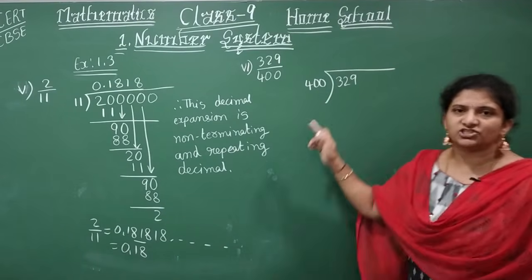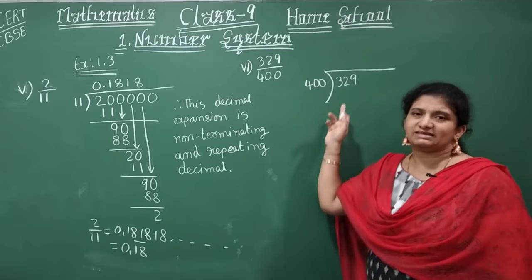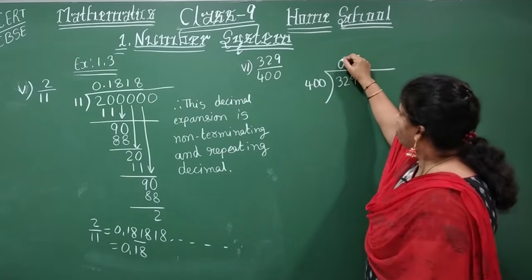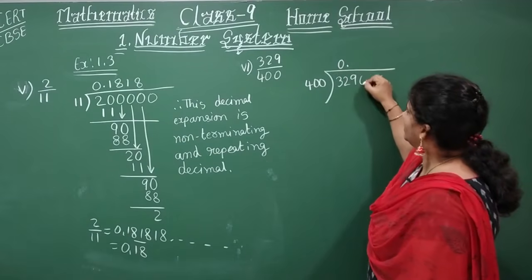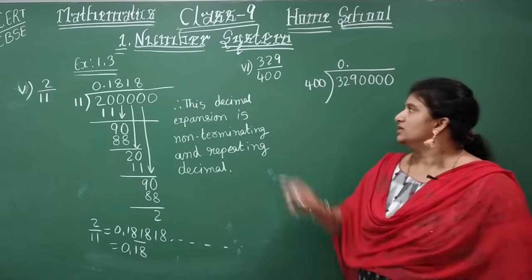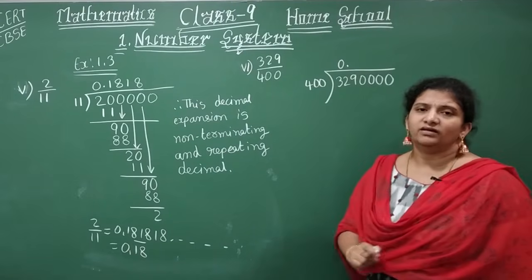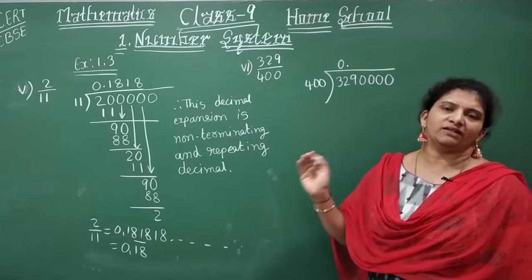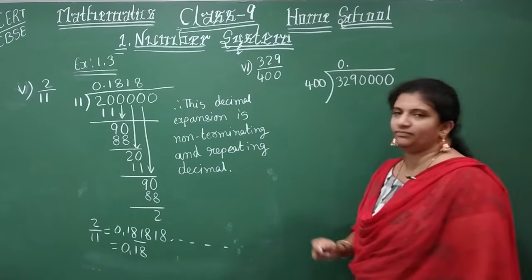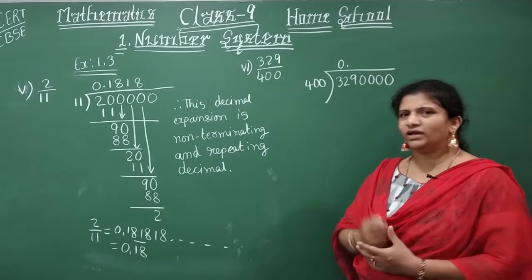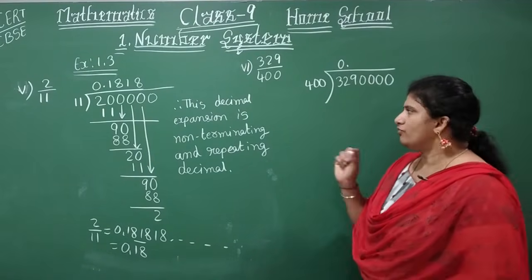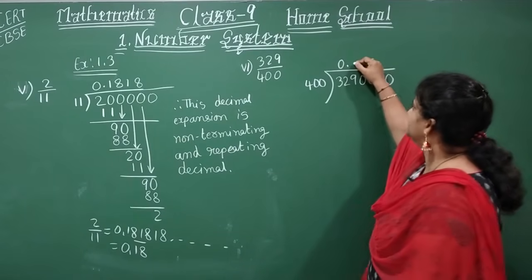So observe here, children, 329 is less than 400. So what we need to do? Put 0 point, right? Go on increasing zeros here, right? So 400, in 400 table, where you get the nearest 3290? So where you get here, children? I think 408.